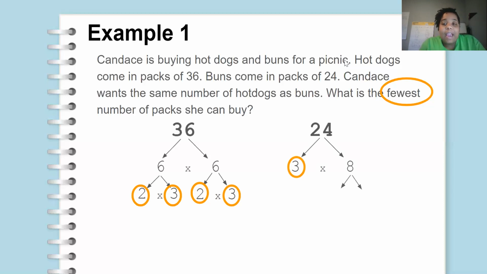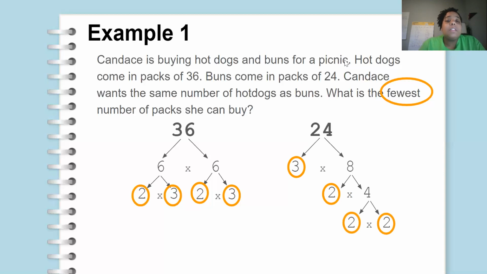I'm going to break 8 down into 2 times 4. I see 2 and I know that 2 is prime, so I can circle it. But I know 4 can be broken down because it's composite. So I'm going to break 4 down into 2 times 2. And what I know about 2 is that it's prime. So I can circle those and be done.